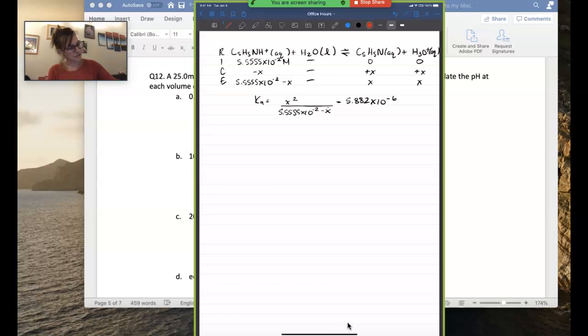X, assume, is small enough to ignore, and when you solve for x, you get 5.7141 times 10 to the negative fourth molar. Ask yourself, what does x mean in this part? This x is the hydronium ion. So we're dealing with a weak acid equilibrium. And if that's the hydronium ion concentration, we take the negative log of that number, and we get the pH is equal to 3.24.